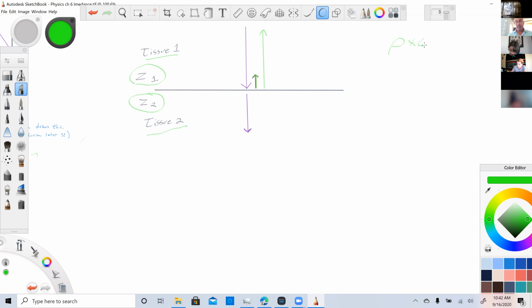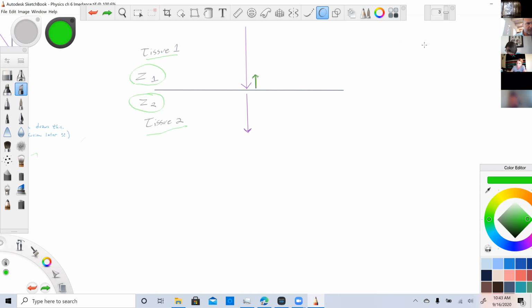Bone is more dense than soft tissue, and the speed of sound is much higher. That too has a large impedance mismatch. So the ironic thing is that these guys over on the corner, air and bone, even though they're completely opposite, they have the same effect on sound. And that is pretty much reflect everything.